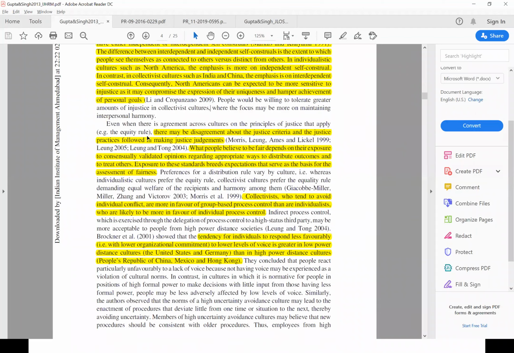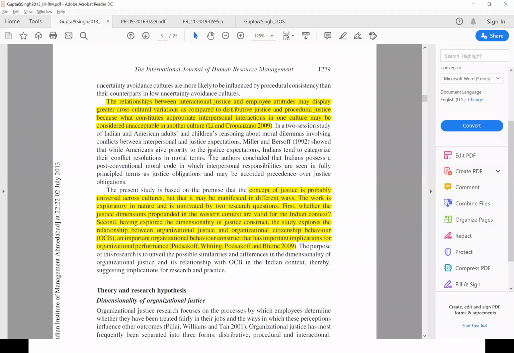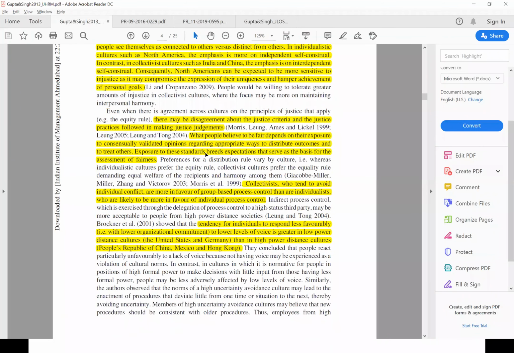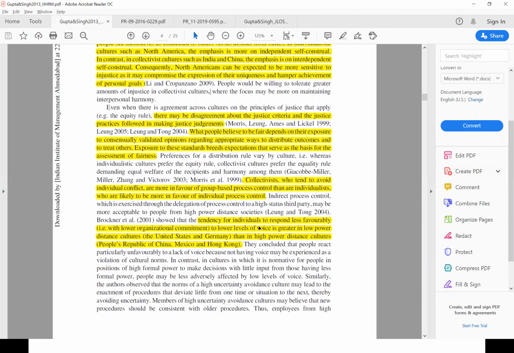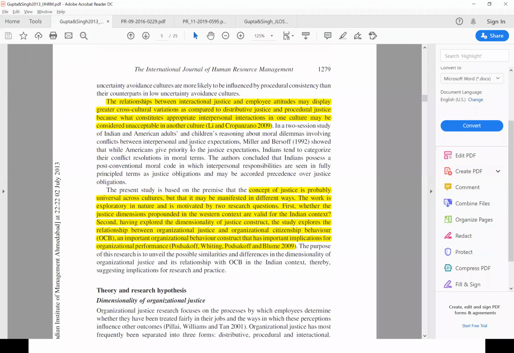So now I go ahead and talk about, even when there is agreement across cultures on principles of justice, there may be disagreement about the justice criteria and the justice practices. So I talk about all of this, and you see there is so much that I have tried to write to bring about the importance of culture, importance of society, and how justice is going to play out differently in collectivist cultures compared to individualist Western cultures.